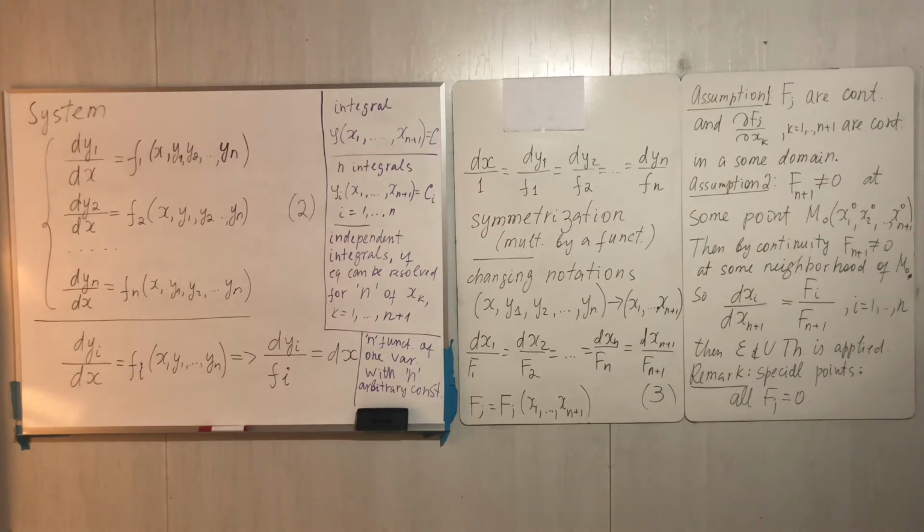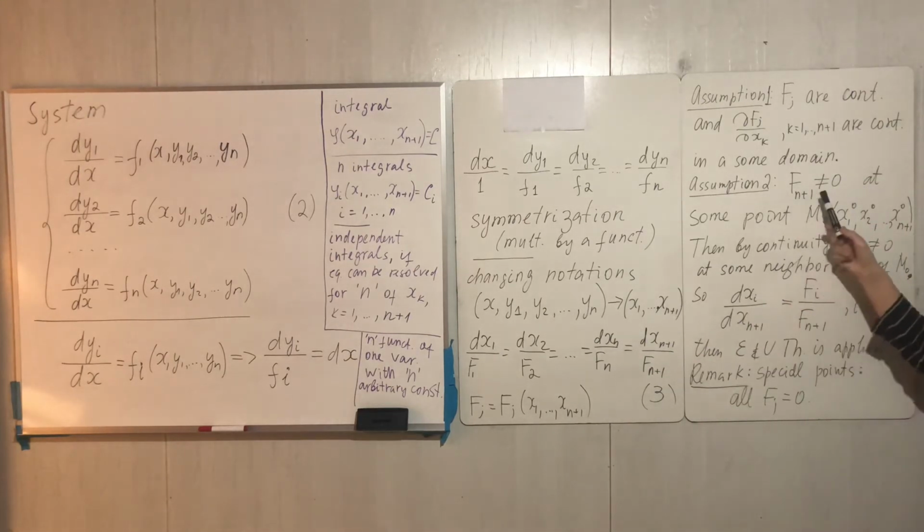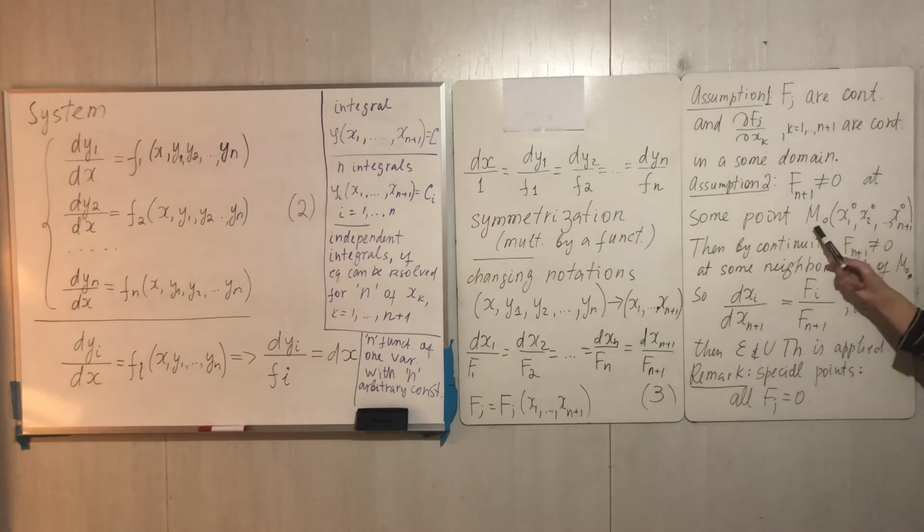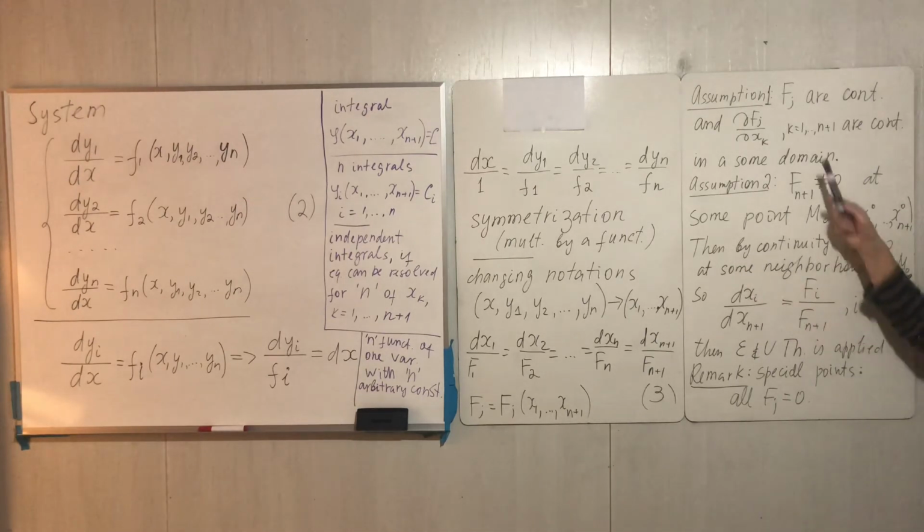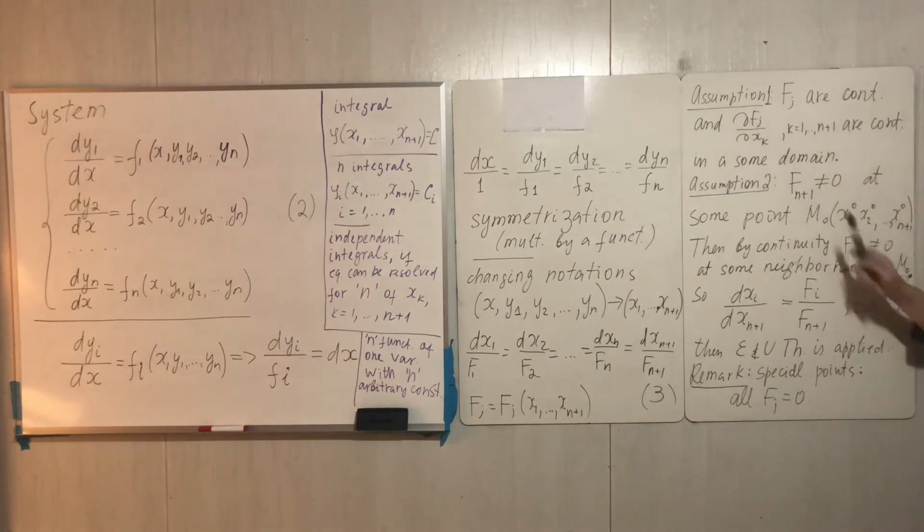And also let's assume that, for instance, the last one, f n plus 1, is non-zero at some point. If we fix the point in our domain, assume that this specific function f n plus 1 is not zero. Then by continuity, since all f's are continuous, this specific f also will not be equal to 0 in some neighborhood of that point.